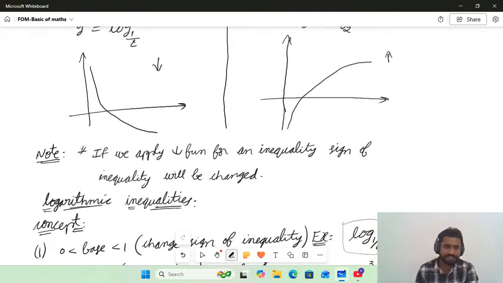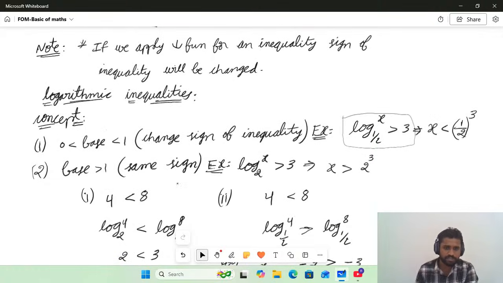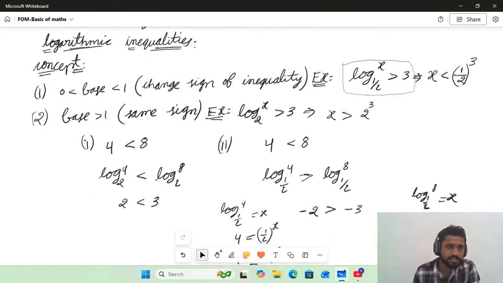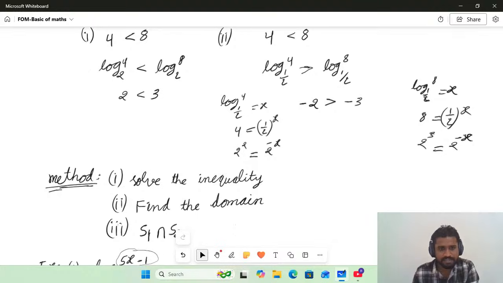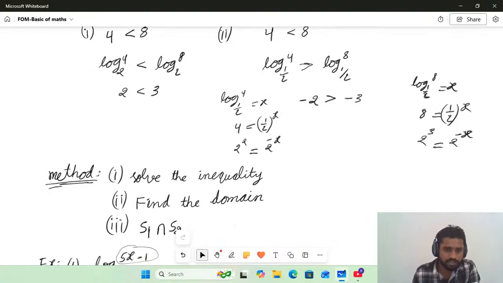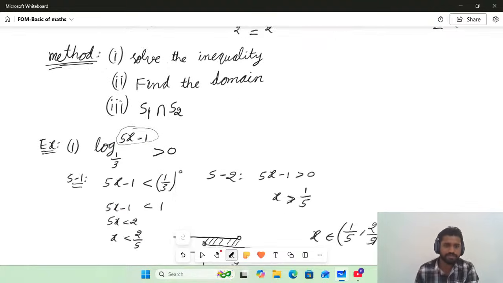If we apply a decreasing function to an inequality, the sign of the inequality is changed, and we have seen questions based on that point. For logarithmic inequalities, the base lying between 0 and 1 is the first case, and the base greater than 1 is the second case.